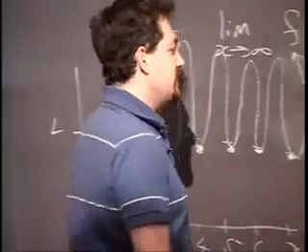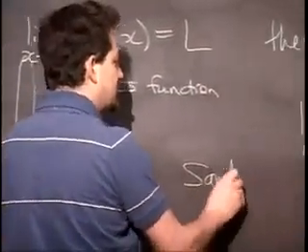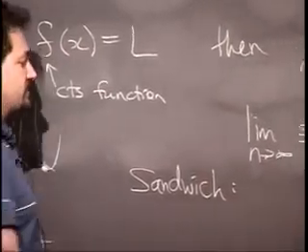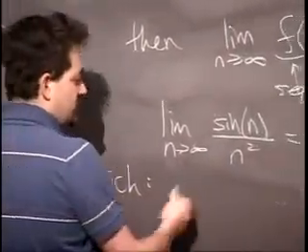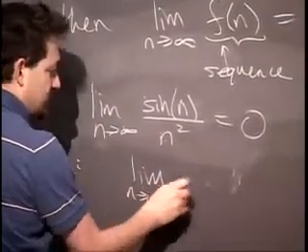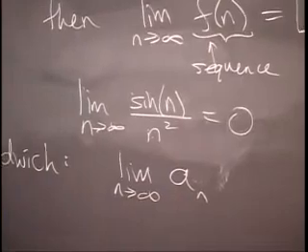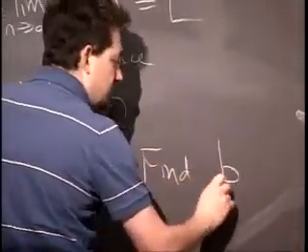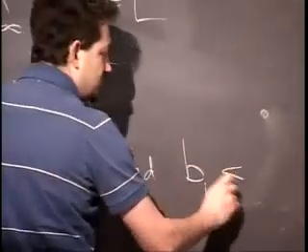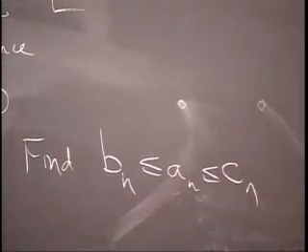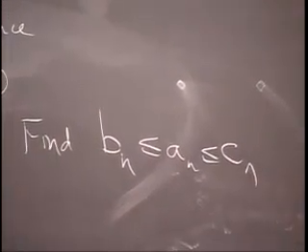However, it also works directly on series. So maybe just for the sake of writing it down, although there's nothing surprising about it, the sandwich principle, otherwise known as the squeeze principle, in this case says, so you have this limit that you want, limit of a_n. So what you want to do is find a lower sequence, b_n, and a larger sequence, c_n. So b and c sort of trap a in between them.